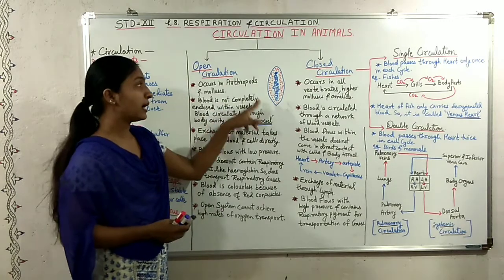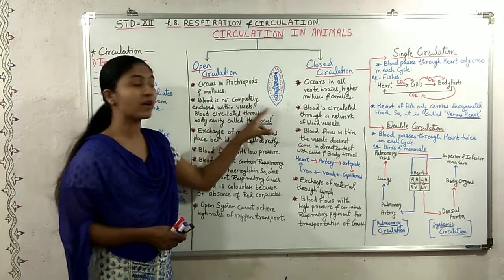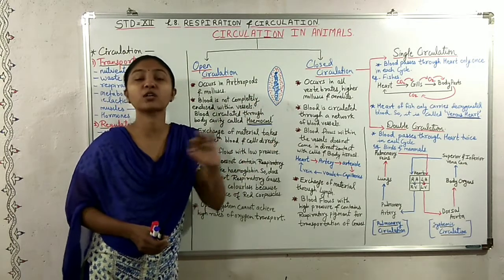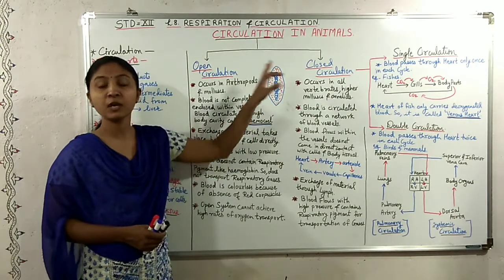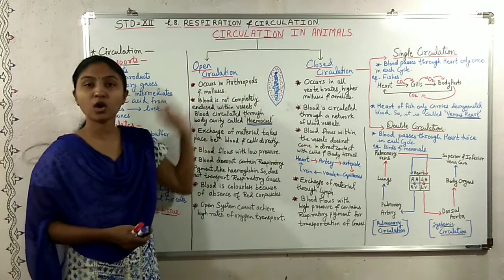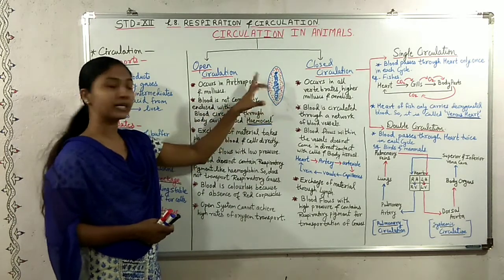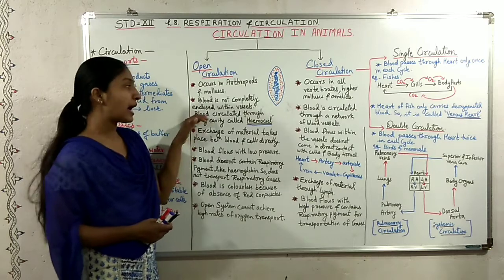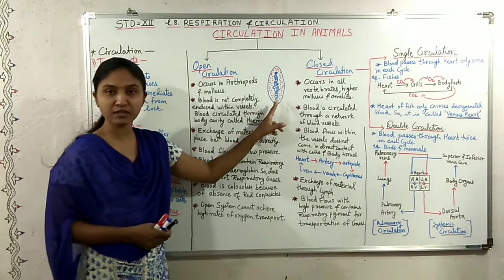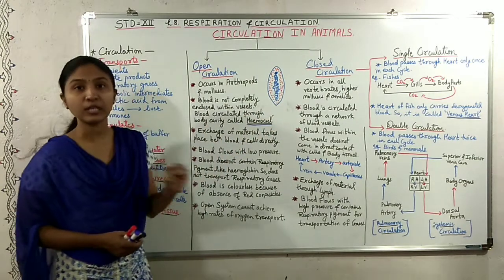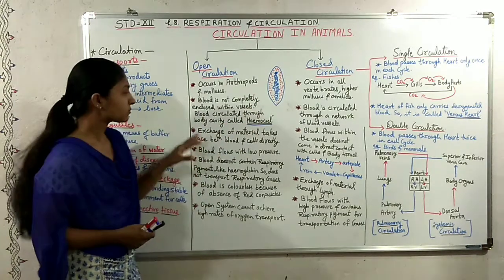Now the blood is not completely enclosed in vessels. There are no vessels for the transportation or circulation of the blood. The blood flows openly in the body of the arthropods or mollusks, circulated through this body cavity, the hemocoel.